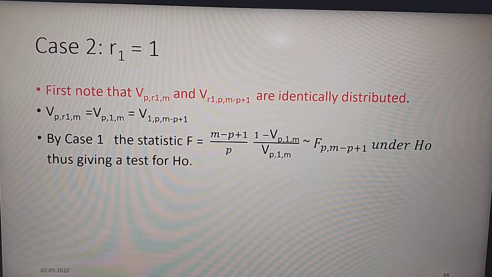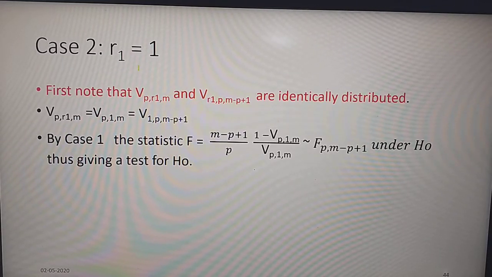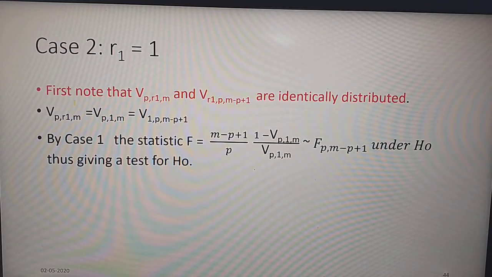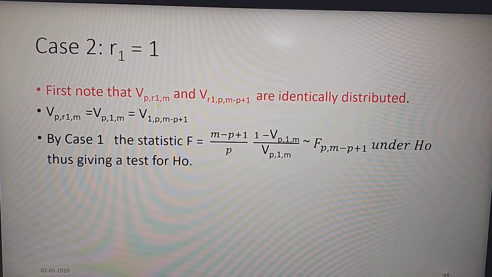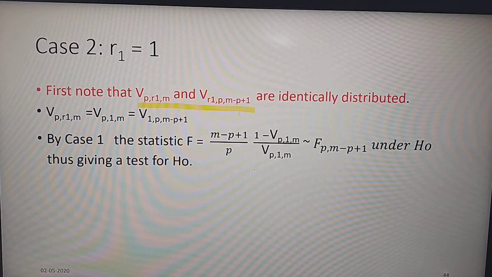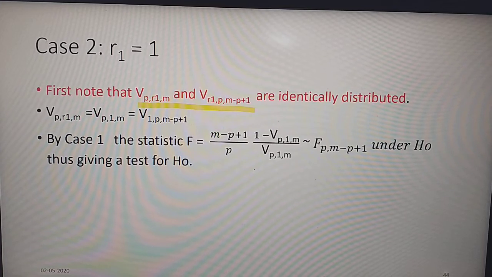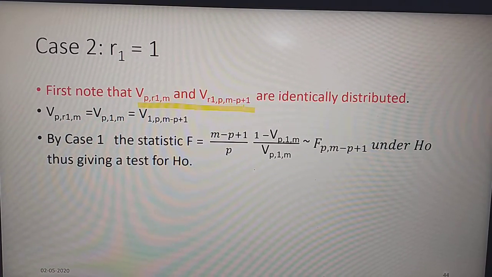In case 2, we have r1 is equal to 1. First, note that V(p, r1, m) and V(r1, p, m minus p plus 1) are identically distributed. So they are identically distributed: instead of V(p, r1, m), you replace r1 and p, the positions. Then the degrees of freedom will be altered to m minus p plus 1.